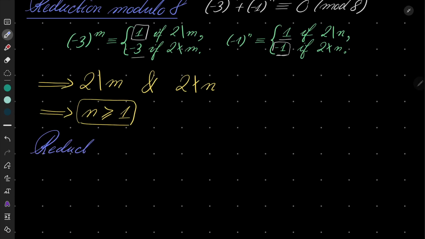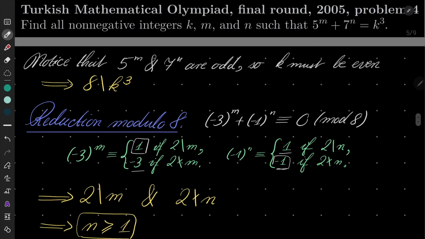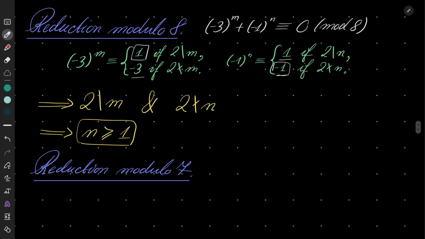Reduction modulo 7. Let's do it. What do we get? After reduction modulo 7, take a look. Here we have 5 to the power of m. 5 is congruent to -2 modulo 7. And then we have 7 to the power of n.